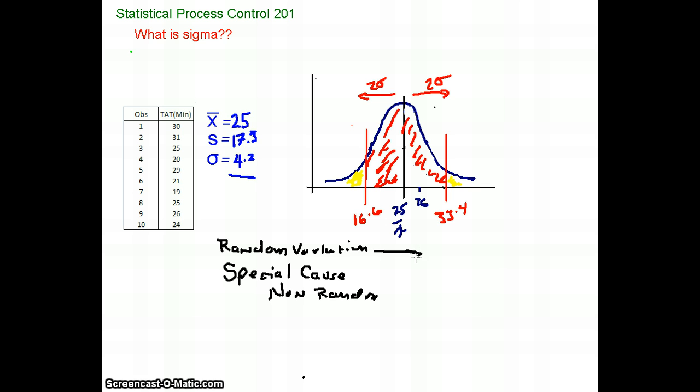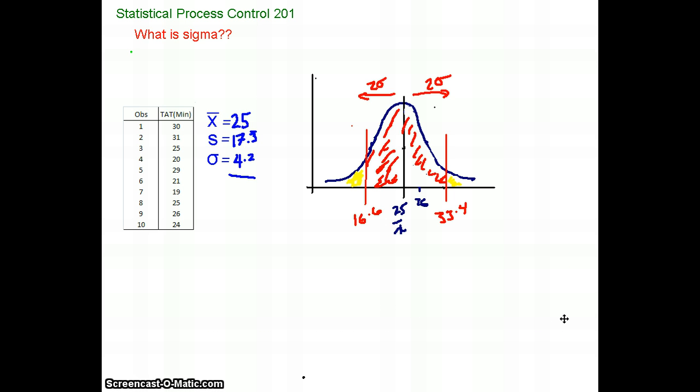So our random variation tells us about the capabilities of our process. Special cause variation tells us when things are broken. If we're looking to establish a performance limit for our process, we would want to understand random variation. Having established our performance limits, then we would want to look for special cause variation to know when our process is broken or when some rule violation is going on.